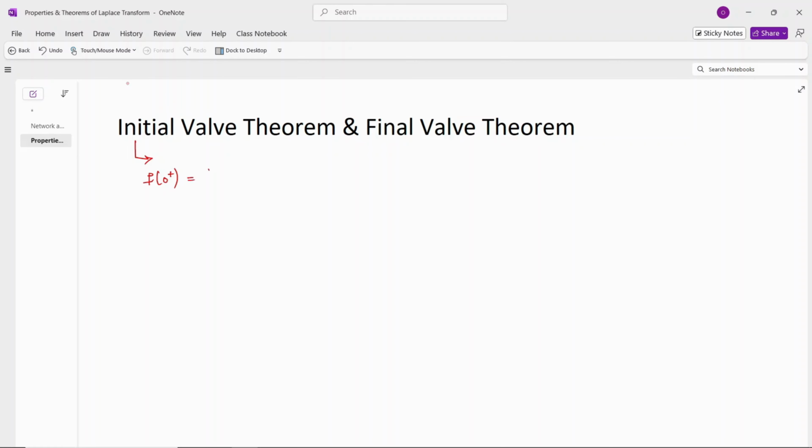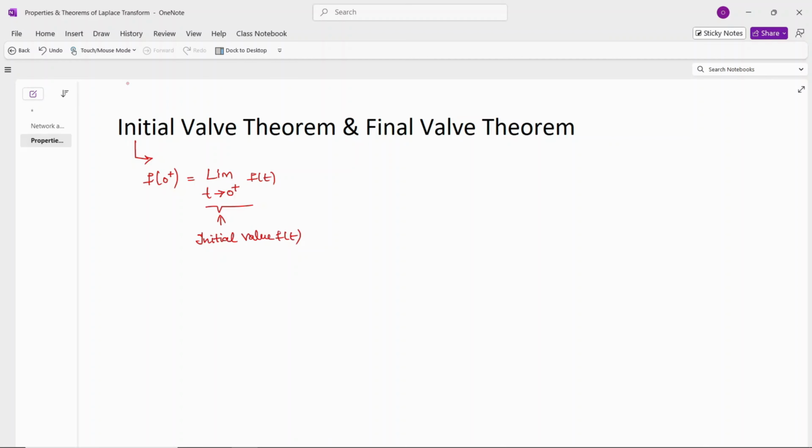I can write it as the limit as t tends to 0 plus of the given function f of t. So this theorem is used to find the initial value of the network, or the initial value of the function f of t.